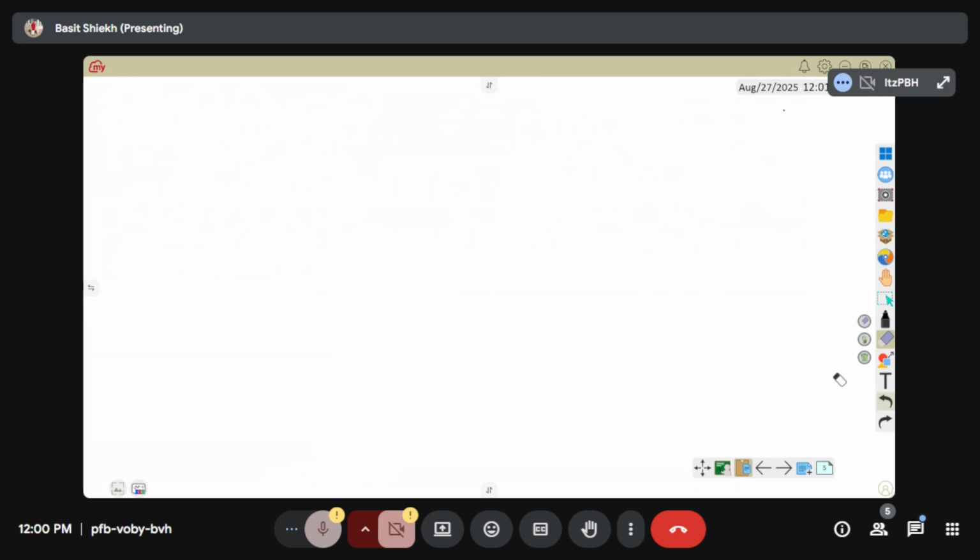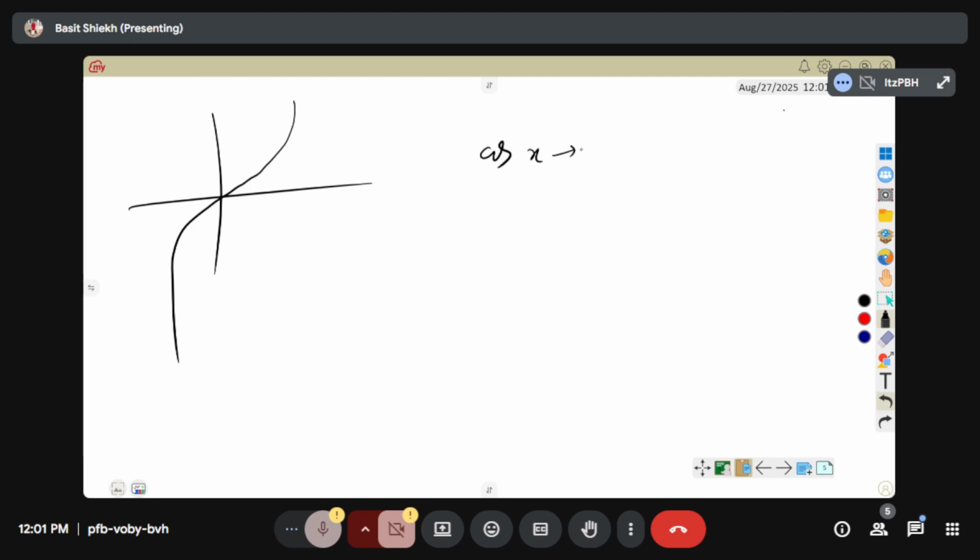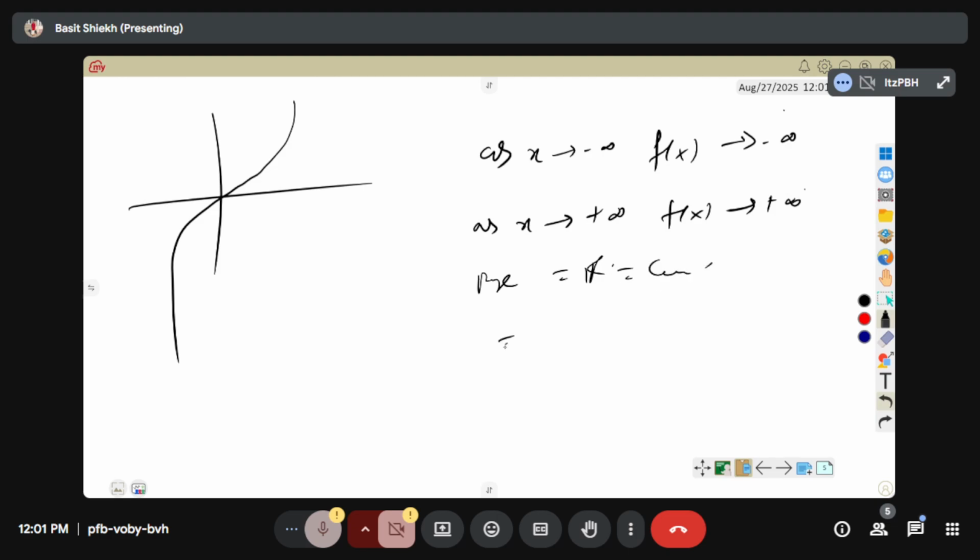Clearly, its range is equal to R. For this function, as x goes to minus infinity, f(x) goes to minus infinity. As x goes to plus infinity, f(x) goes to plus infinity. So its range is equal to R. Range equal to codomain implies f is onto.